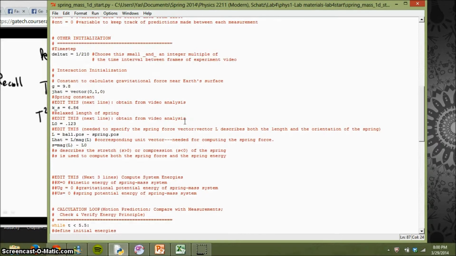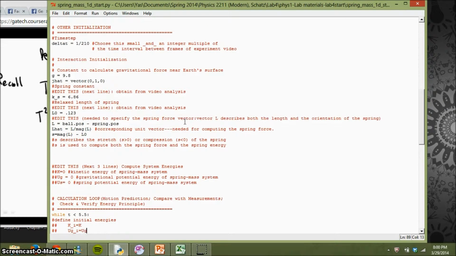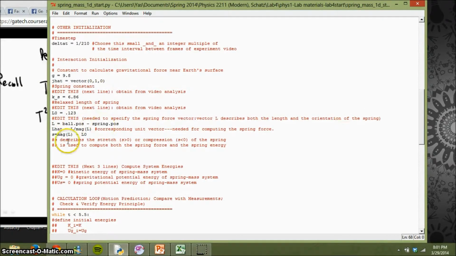So we have g, the gravitational constant, 9.8, and k_s, our spring constant, is 6.86, which is found by looking at the period of oscillation. From our spring constant, we can find the relaxed length of our spring.